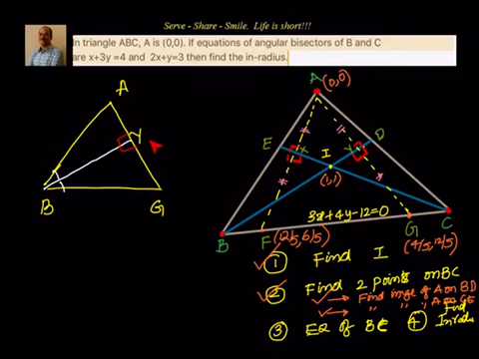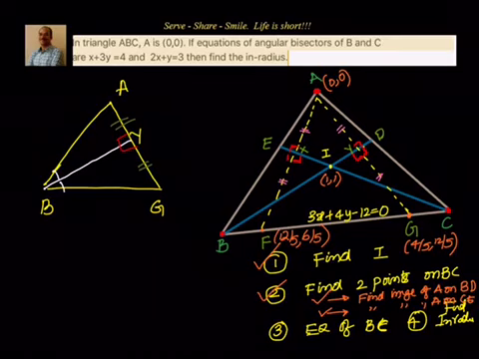We have a common side. So ASA congruency, by CPCT we get that AY is equal to YG. That means if AY is equal to YG, what's the meaning of that? Y is the midpoint of AG.